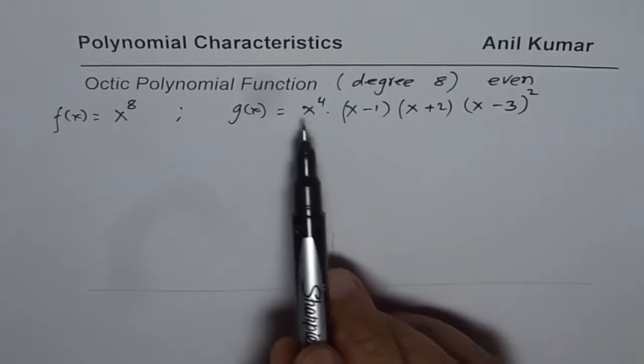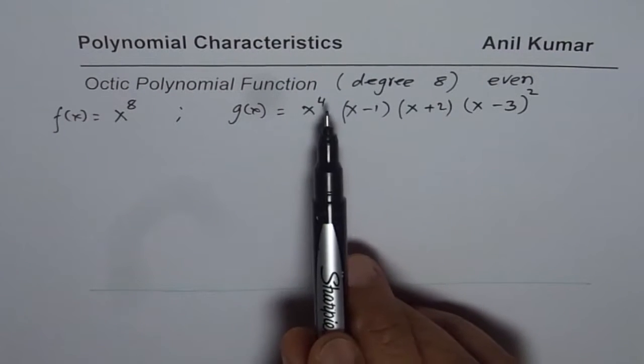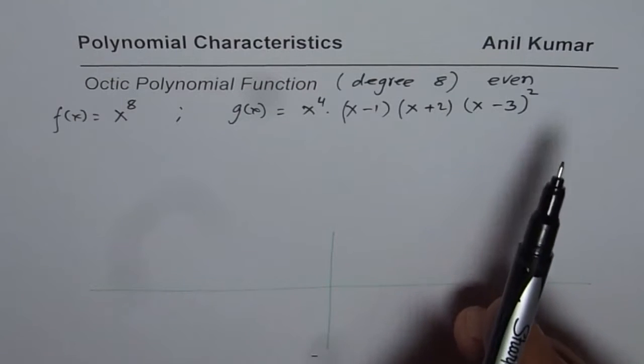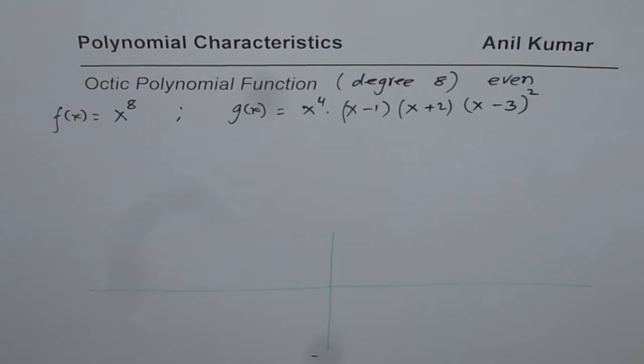So we could have a combination of factors so that the exponents add up to 8. If that is the case, it is an octic polynomial.